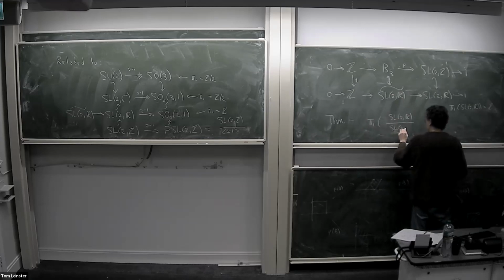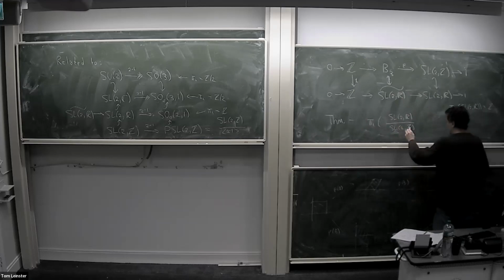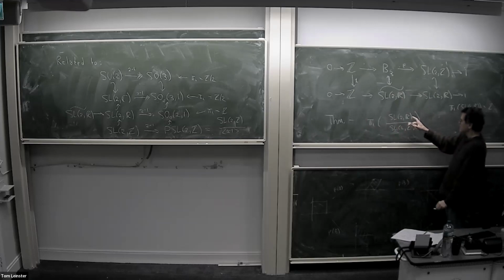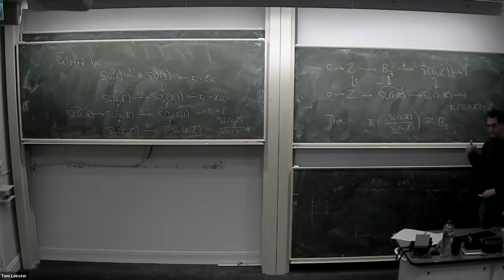So there's one beautiful fact that if you take SL2R mod SL2Z, that quotient, that's a quotient space. This is a topological group, and this is a topological subgroup. So this gets a topology. So you can talk about its fundamental group, and that turns out to be this 3-strand braid group.